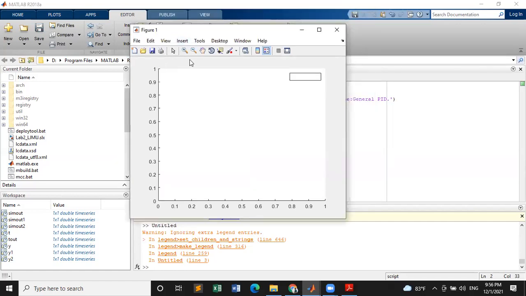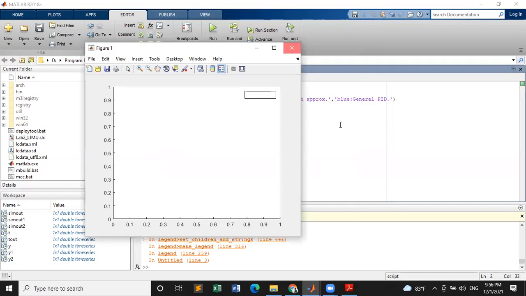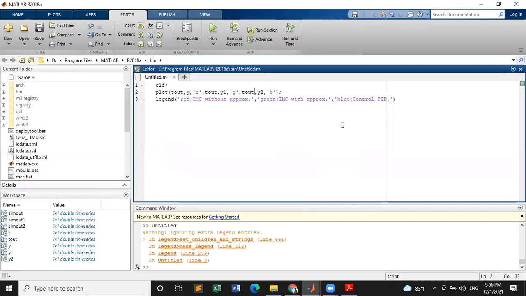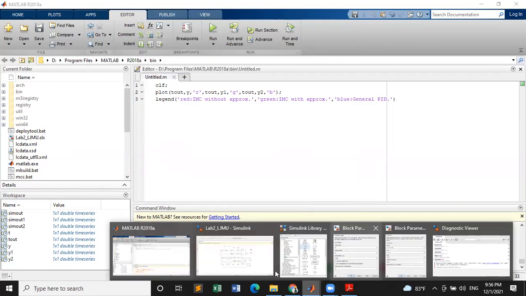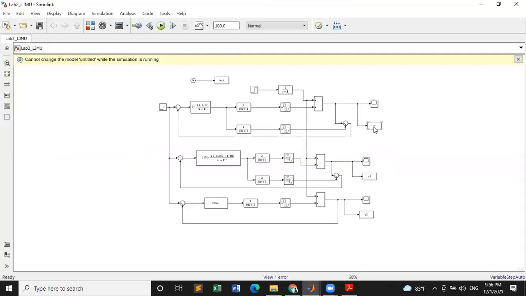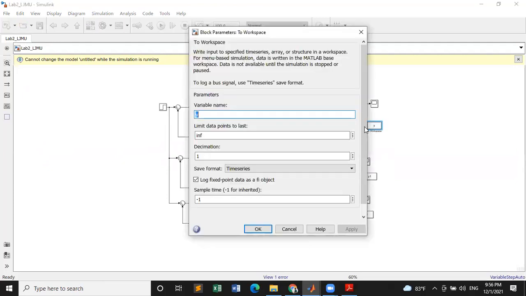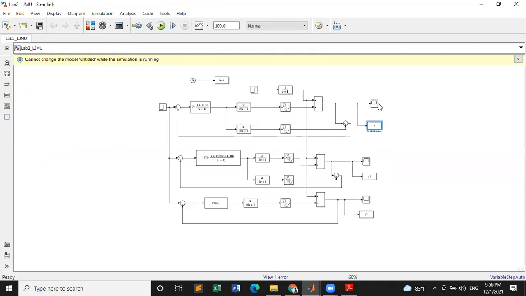I don't know what the issue is. I have to check this. Right. So anyway, if you plot all this together in one graph, you should be able to see this, right?